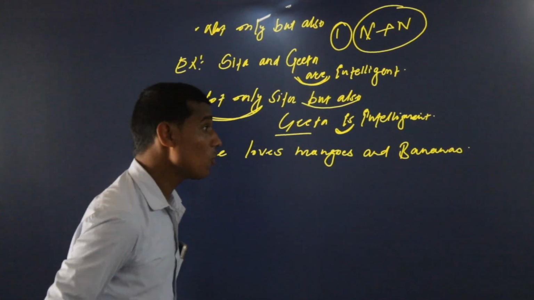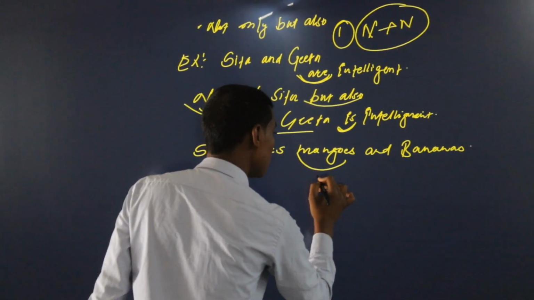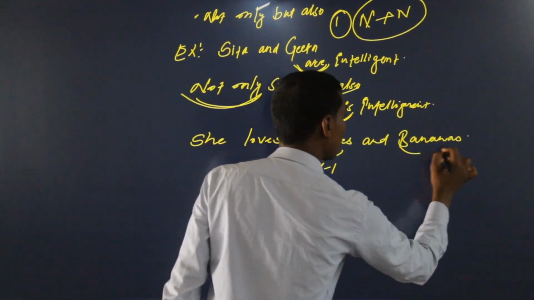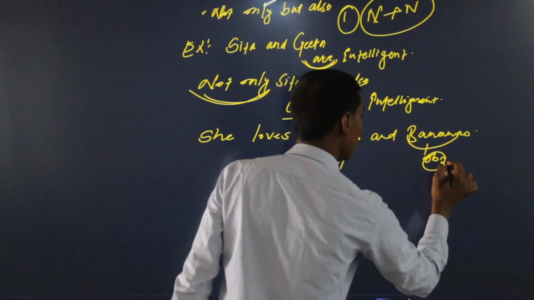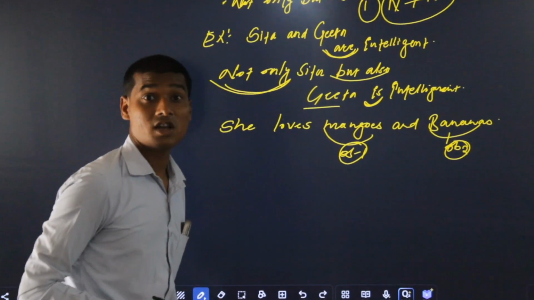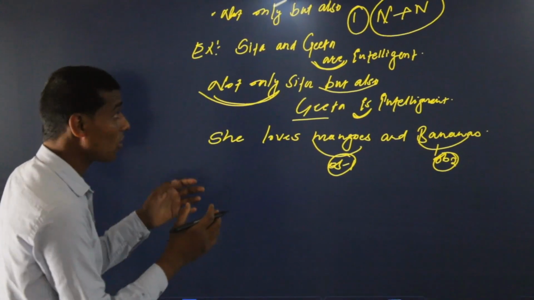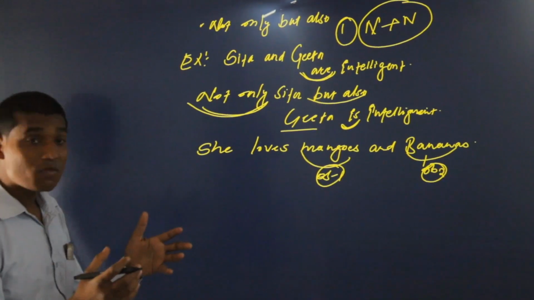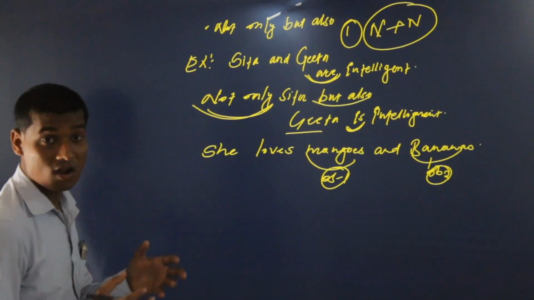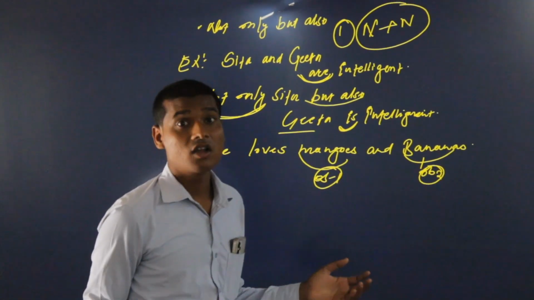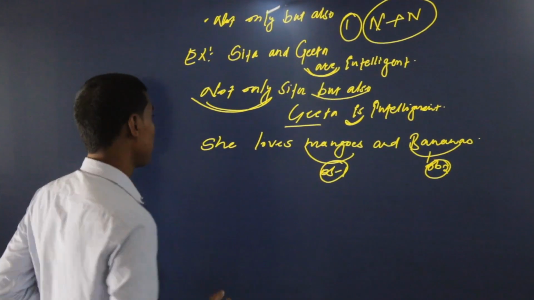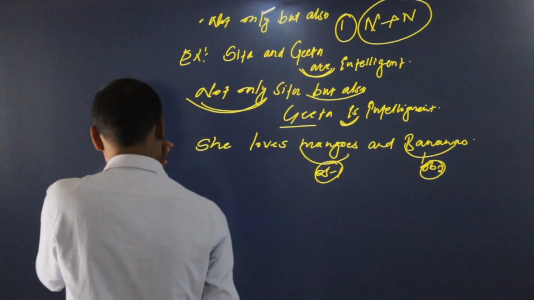So we can see over here that we have two objects, object 1 and object 2. Now what we are going to do is use not only but also in order to transform or change this sentence structure, but again we can't change the meaning. Let's see how we do it.